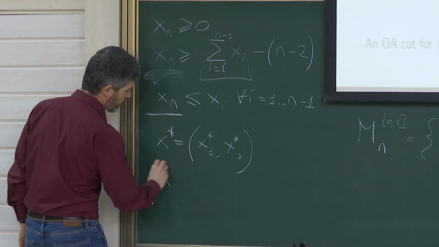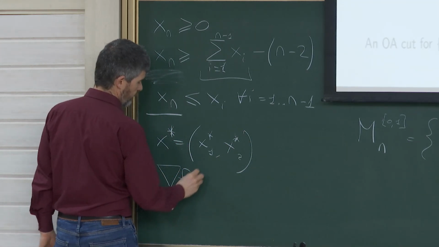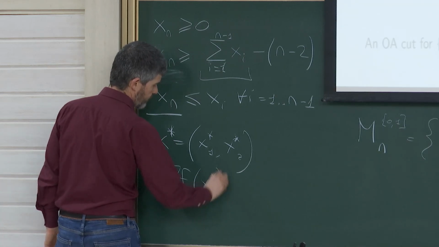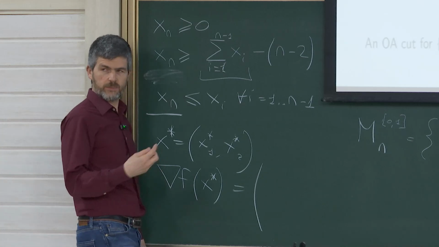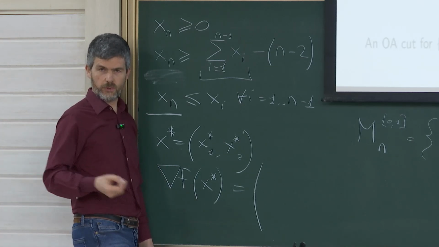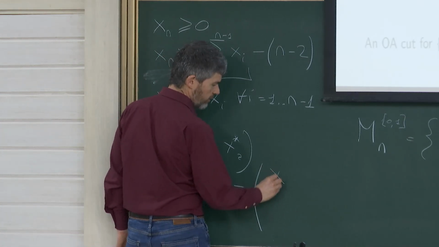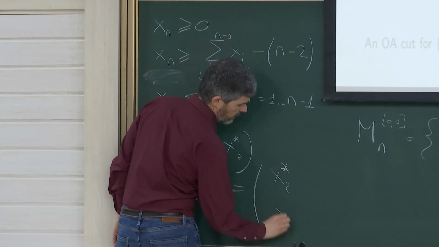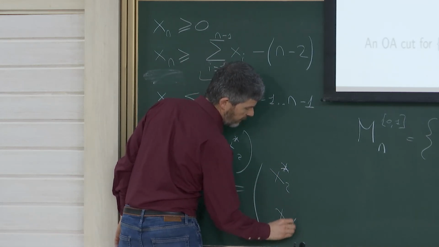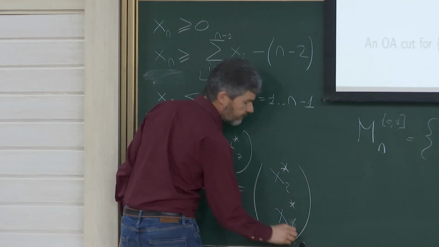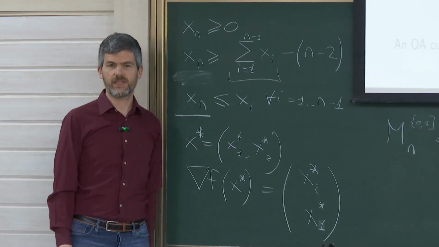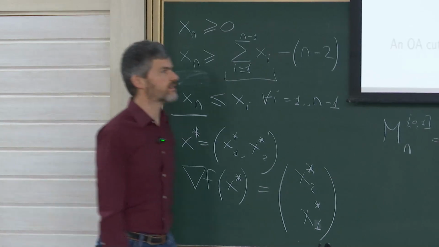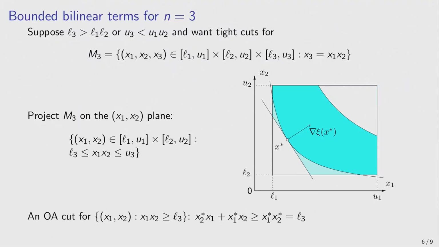The gradient of the function f evaluated at x star is a vector that contains the derivative with respect to x1 of a product, x1 times x2. So that means x2 star. And the second component is x1 star. This is the direction that's perpendicular to the plane that you need to write.